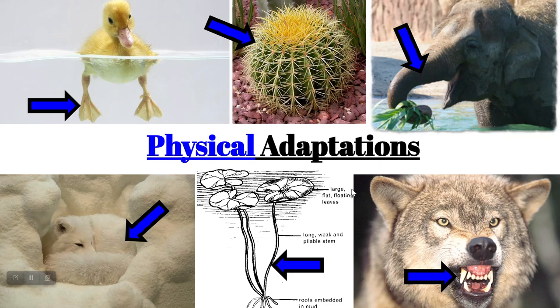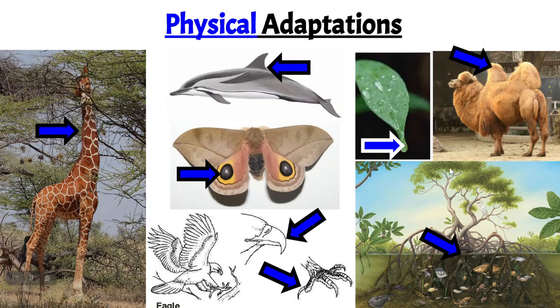But this is going to allow your big leaf to get a lot of sunlight. And since it's in water, it's going to be able to float around in the water as the water is moving. Okay, and then what do you think that guy has? He has sharp, pointy teeth. So these are all physical adaptations that help these creatures live.